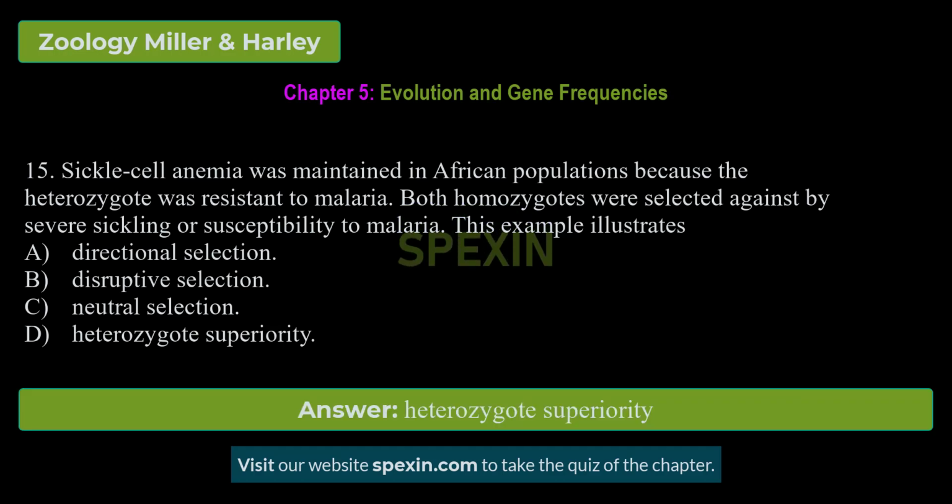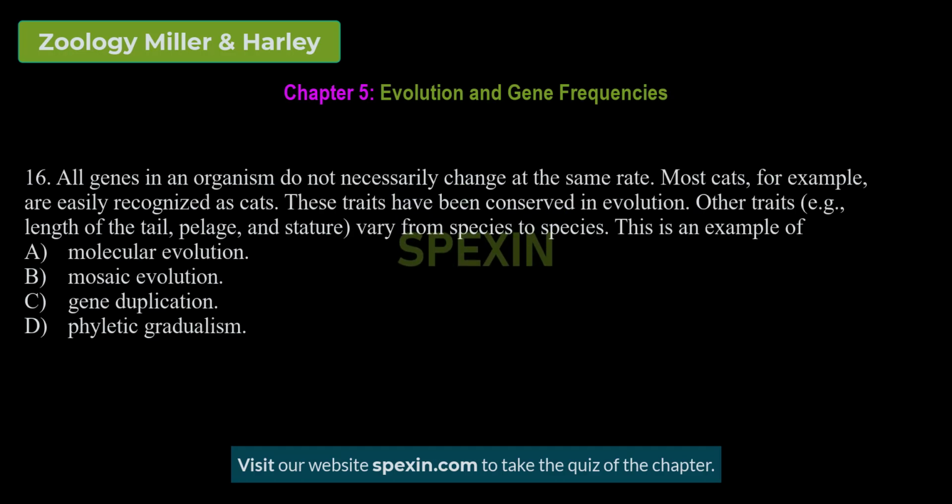Correct answer: heterozygote superiority. All genes in an organism do not necessarily change at the same rate. Most cats, for example, are easily recognized as cats. These traits have been conserved in evolution. Other traits vary from species to species. This is an example of molecular evolution, mosaic evolution, gene duplication, phyletic gradualism.